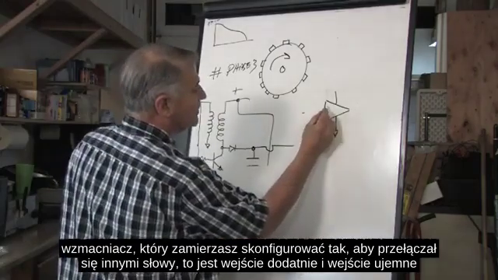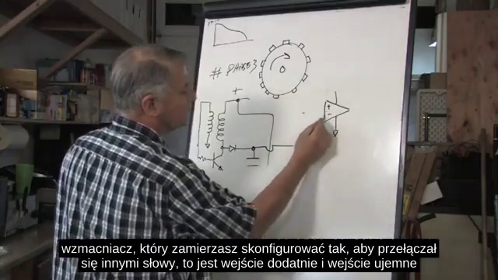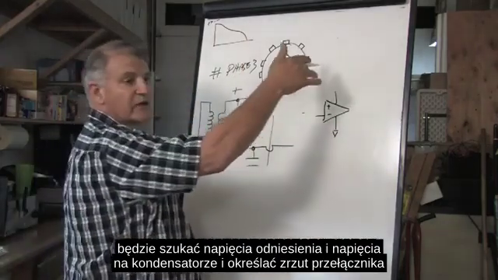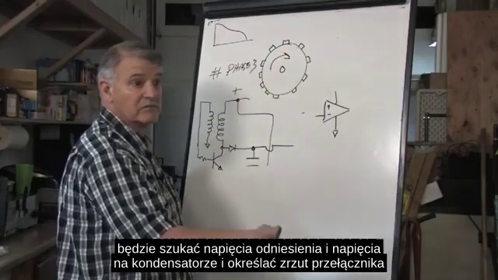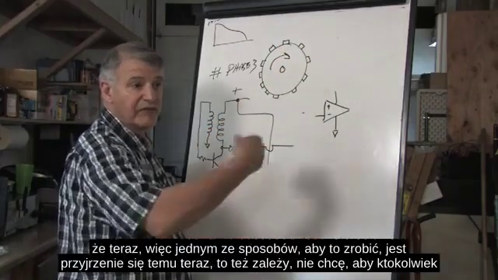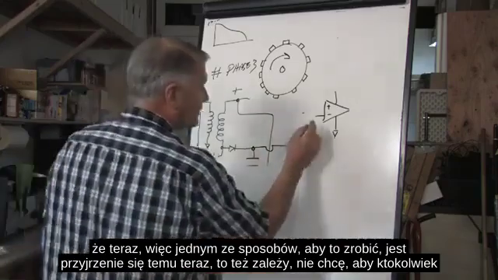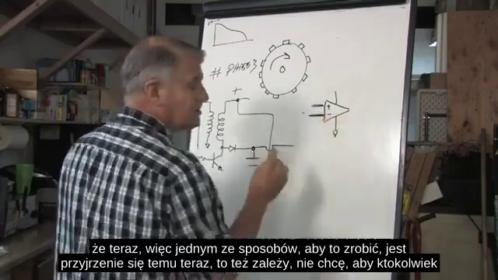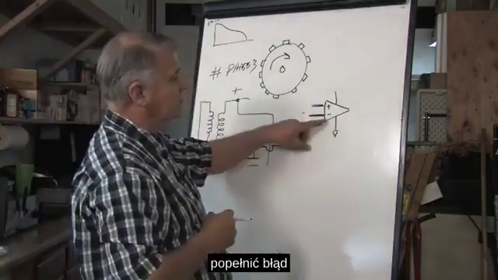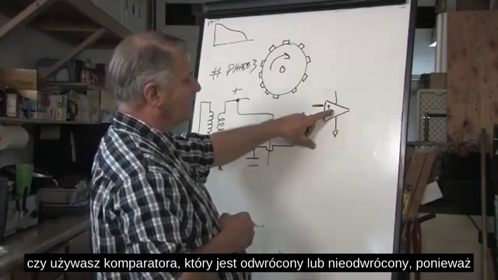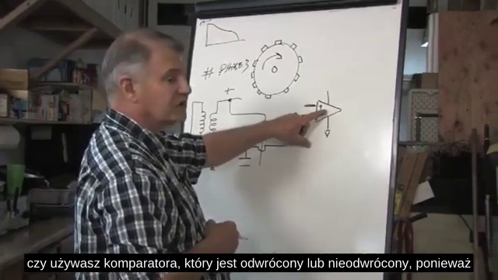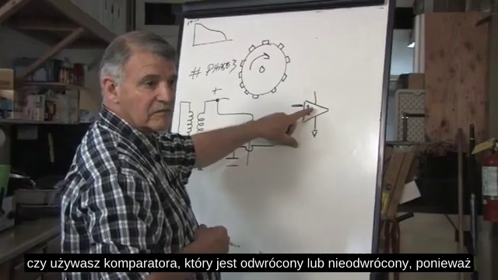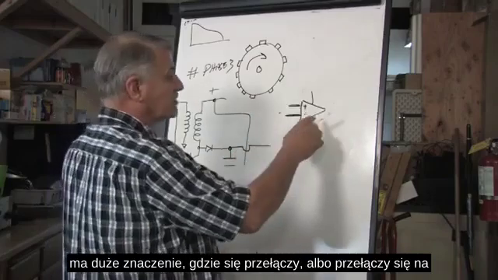In other words, its plus input and its minus input are going to look at a reference voltage and the voltage on the capacitor and say, switch. Dump that right now. So one way to do that, now that depends too, I don't want anybody to make a mistake on whether you're using a comparator that's inverted or non-inverted, because that makes a big difference in where it's going to switch.